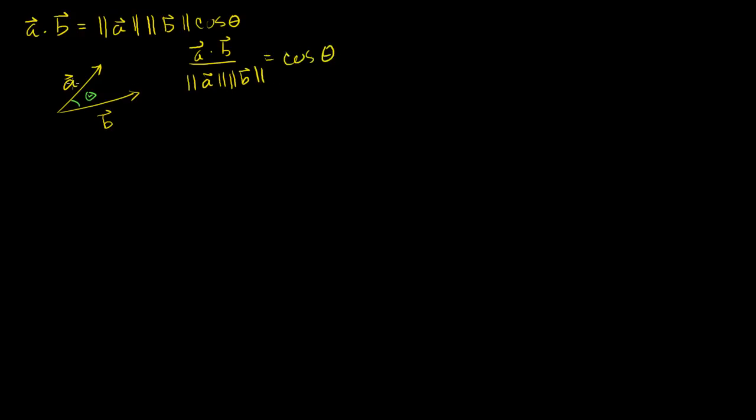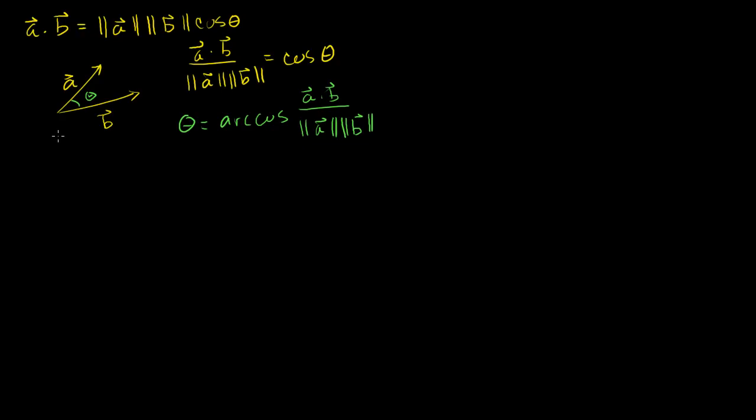And then to solve for theta, you would have to take the inverse cosine of both sides, or the arc cosine of both sides. And you would get theta is equal to arc cosine of a dot b over the magnitudes, or the lengths of each of those vectors multiplied by each other.